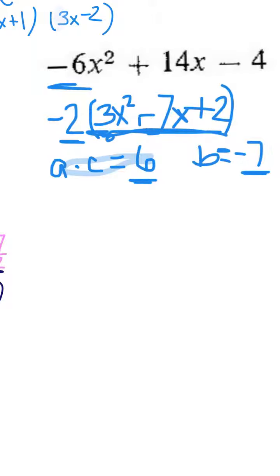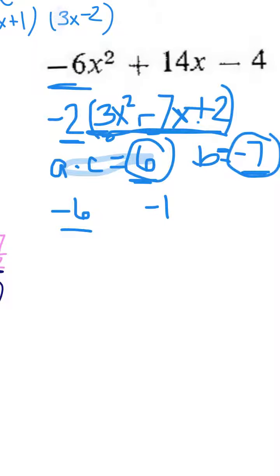Now we have a minus plus situation, so both our factors are negative. So we're looking at negative 6 and negative 1. Negative 6 times negative 1 is positive 6. Negative 6 plus negative 1 is negative 7.